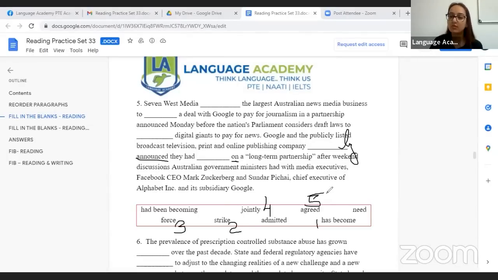Agreed on is also a collocation. Agreed on means they have finalized again this thing. So they have agreed on a long-term partnership after weekend discussions Australian government ministers had with media executives. So these are the answers. Any confusion, anyone in this question?